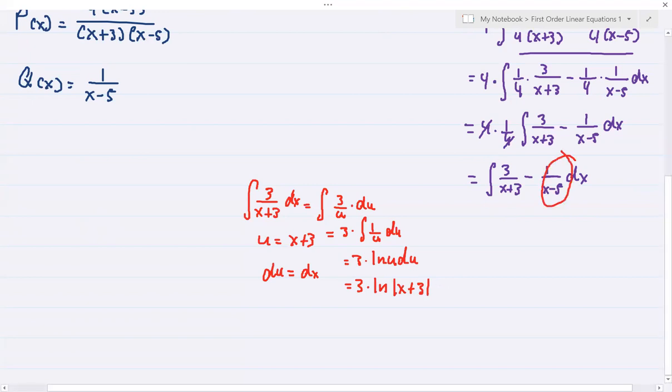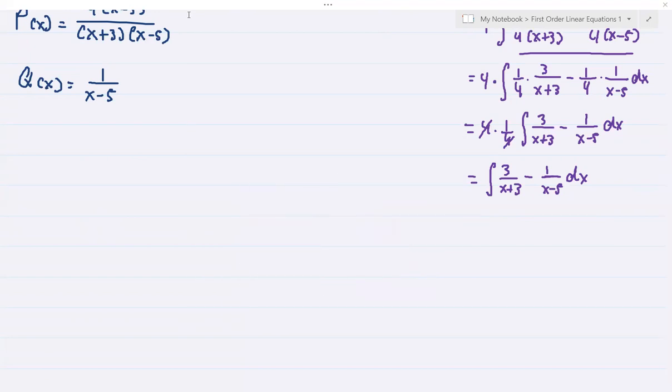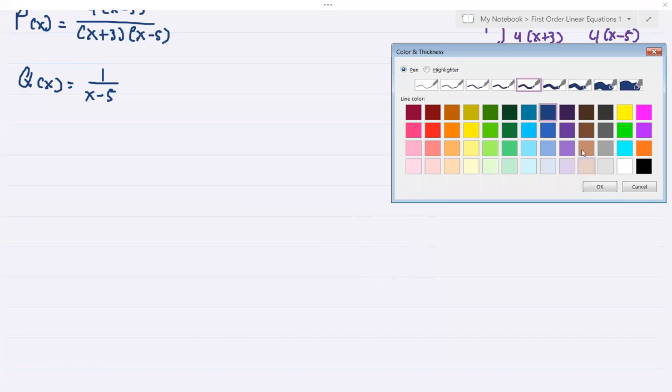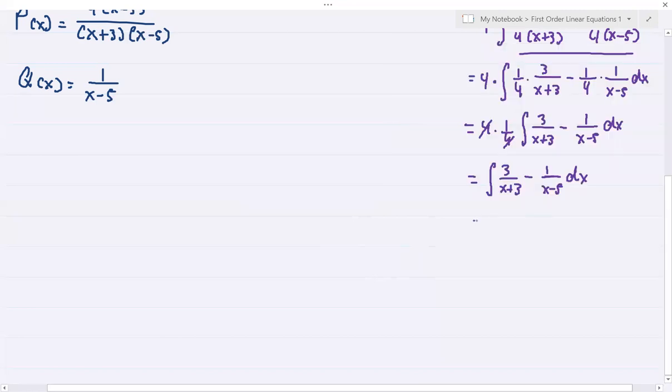So the same thing here. Try to do this one. Try to use u substitution for negative 1 all over x minus 5. Get the integral of it. Either way, the answer for this one is 3 times ln of x plus 3 minus ln of x minus 5.